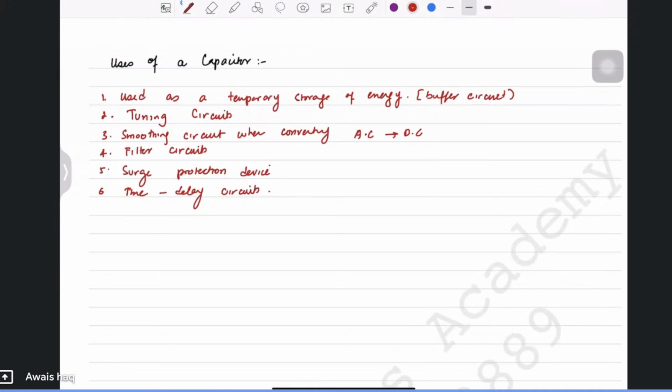That's done by capacitors. Filter circuits are circuits where you can change bass, treble, and stuff like that. Surge protection is if large current flows suddenly, you can protect your appliances. And time delay is, if you might have seen, in really expensive cars, the lights turn on slowly and go out slowly. That's how you can do it using a capacitor as well.